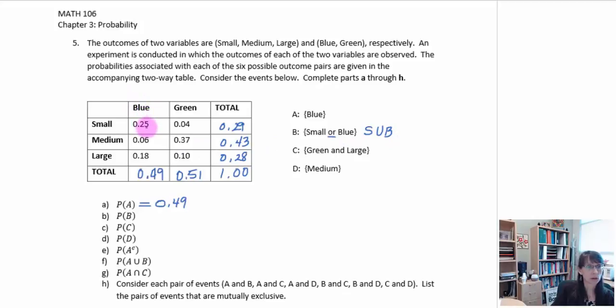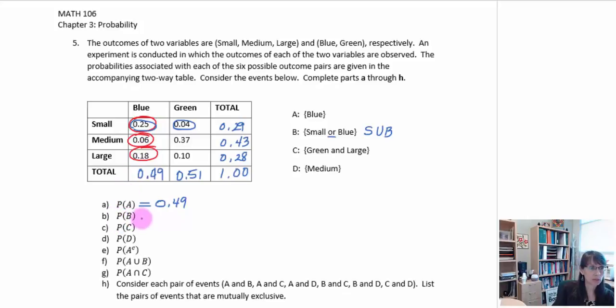So I'm going to circle all of the probabilities involved with small, and then I'm going to circle all the probabilities involved with blue. Do you notice that 0.25 has 2 different colored circles? That means that is the intersection of those events. So be sure you do not include that 0.25 twice when you're getting your total.